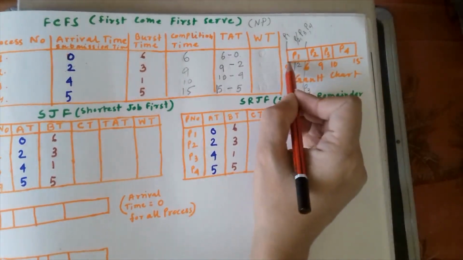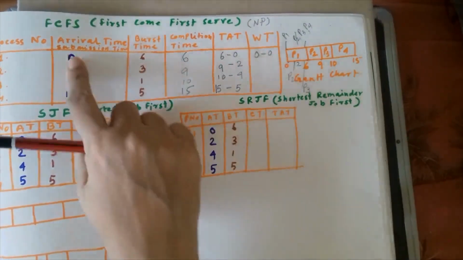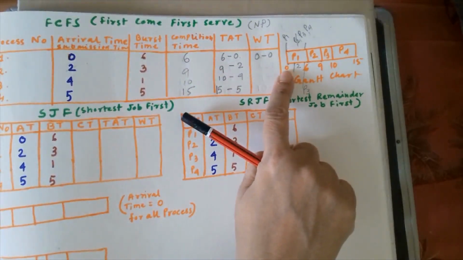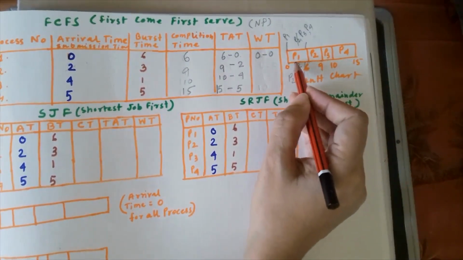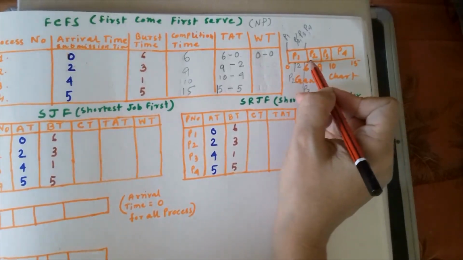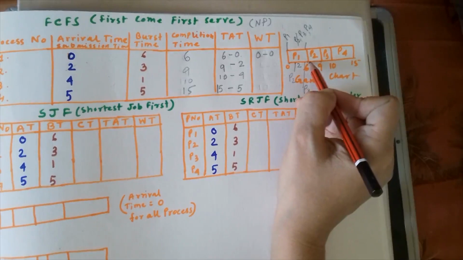What is your waiting time now? P1 has not waited. Immediately after entering at 0, the arrival time is 0 and it was taken for execution at 0 also. So 0 minus 0, it will be 0 only. What about P2? P2 has entered the system at 2 and it was taken for execution at 6. So 2 to 6 is the waiting time. Clear?